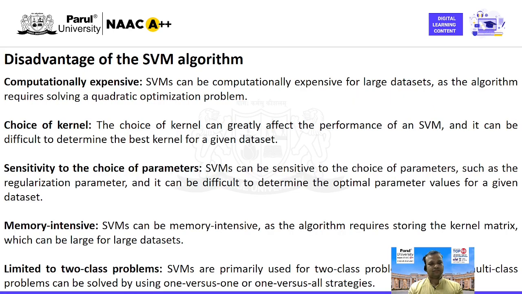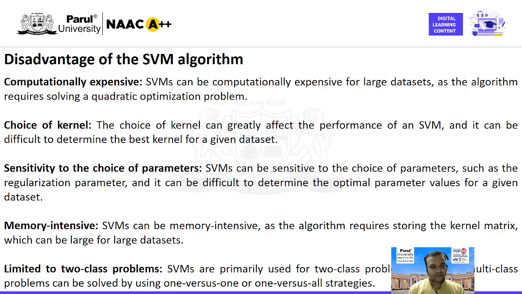There are some disadvantages of the SVM algorithm. First one is computationally expensive. SVM can be computationally expensive for large data sets, as the algorithm requires solving a quadratic optimization problem. Choice of kernel: the choice of kernel can greatly affect the performance of an SVM. It can be difficult to determine the best kernel for a given dataset.